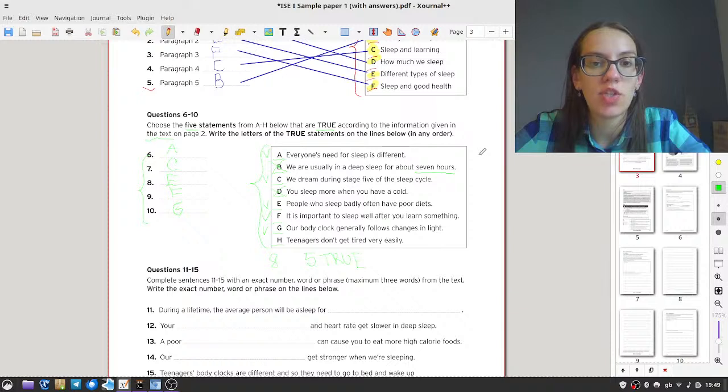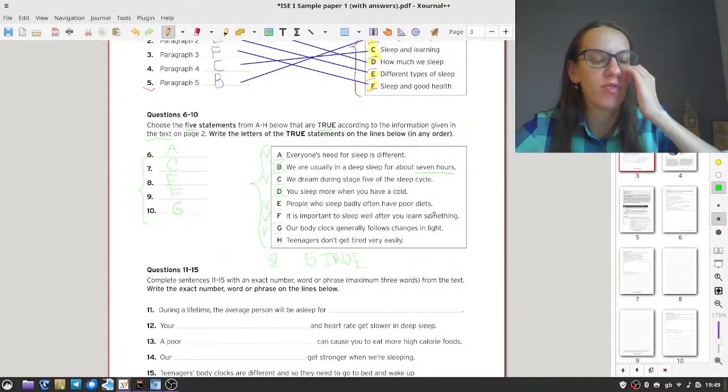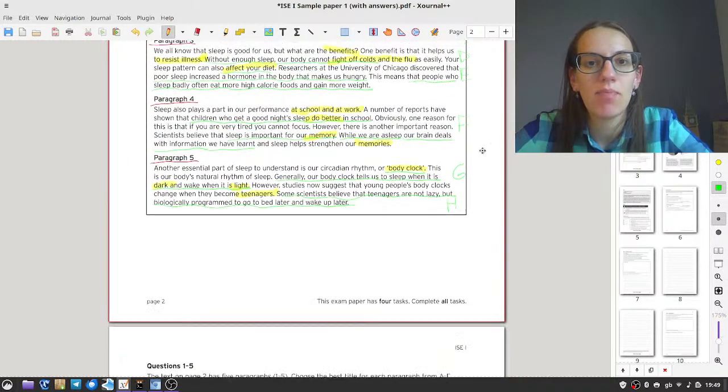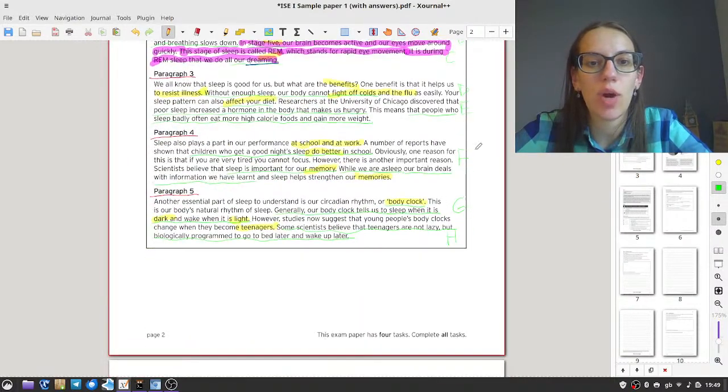So teenagers don't get tired very easily. Do we have information like this in this part of the text? In fact, no, I don't see this. Scientists believe that teenagers are not lazy, but biologically programmed to go to bed later and wake up later.